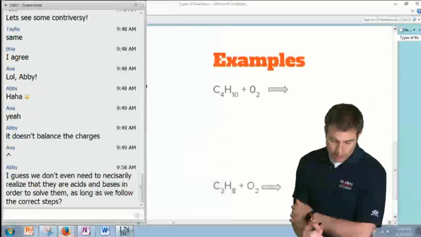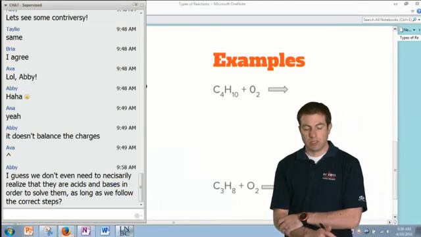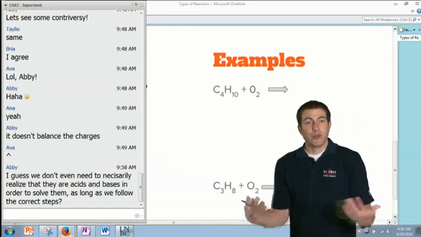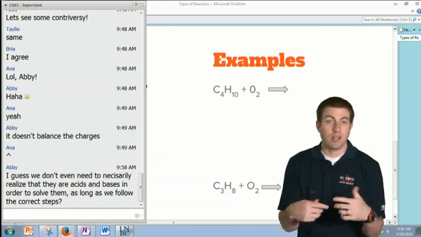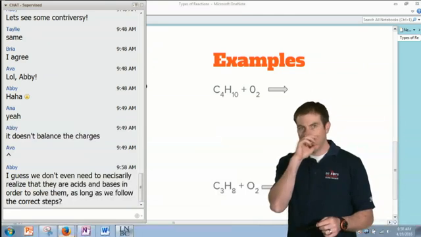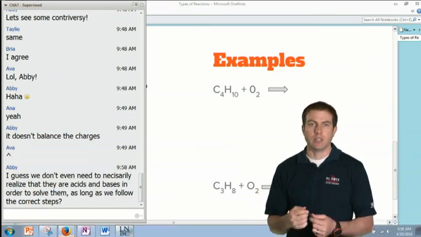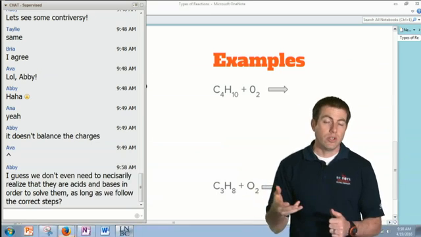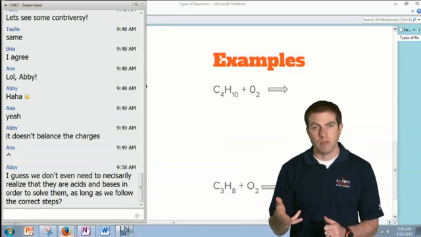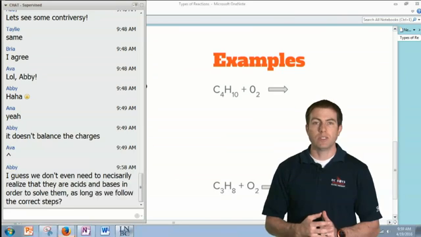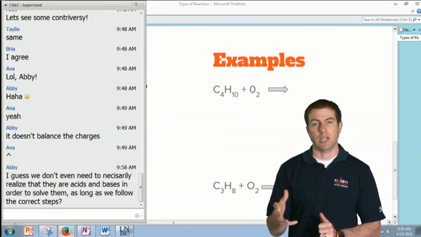That's exactly right, Abby. If you see two compounds to start, it's a double replacement. The only catch to your logic here is that if you're asked to identify the type of reaction, it's important to know that this is a special type of double replacement.